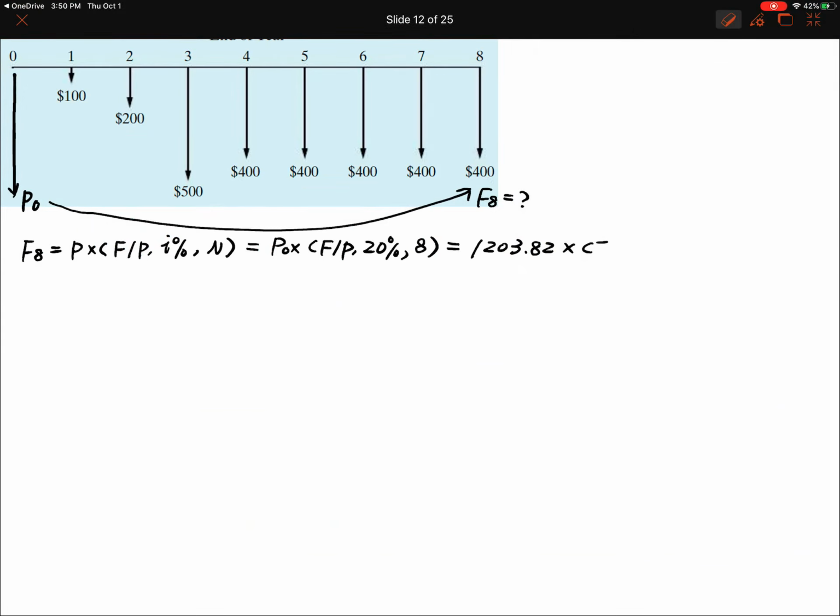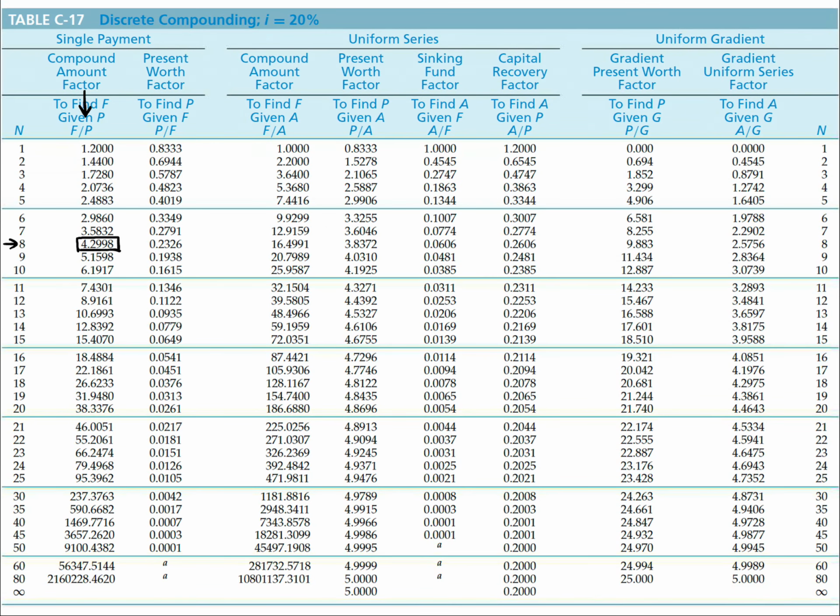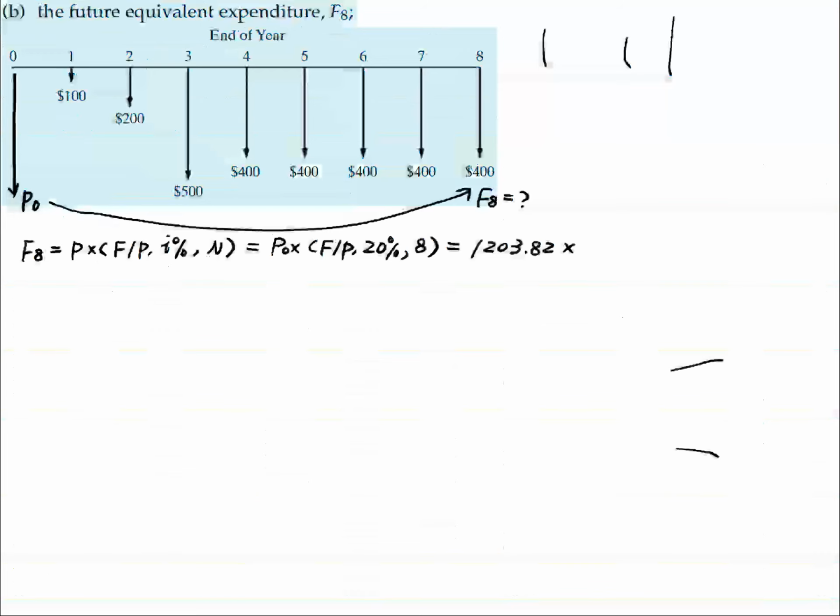So that factor is 4.2998. The result is 5,176.19.